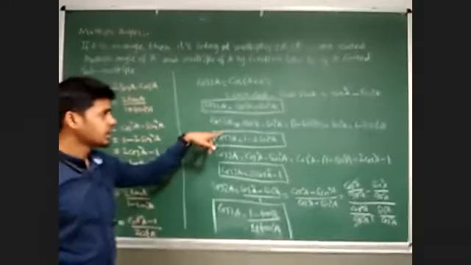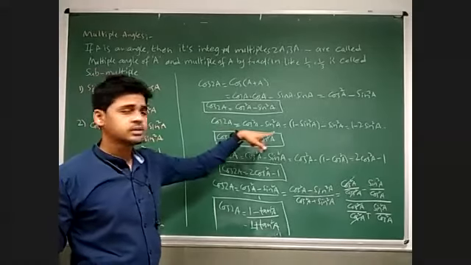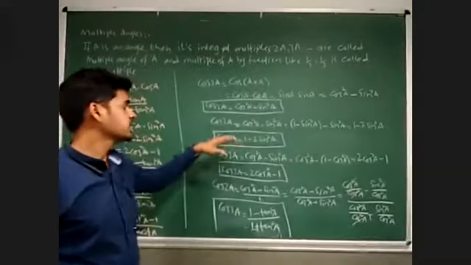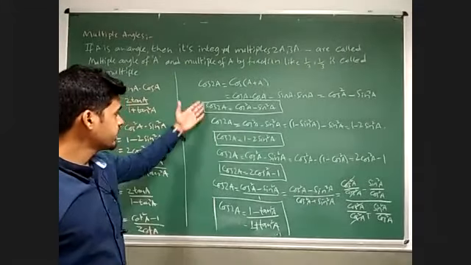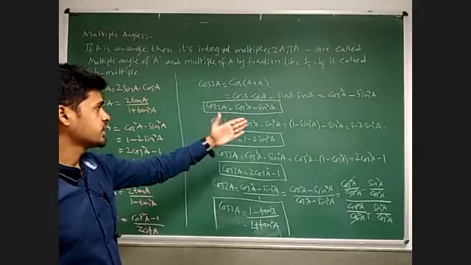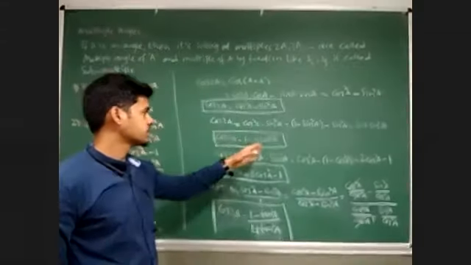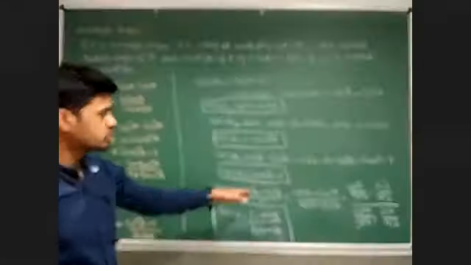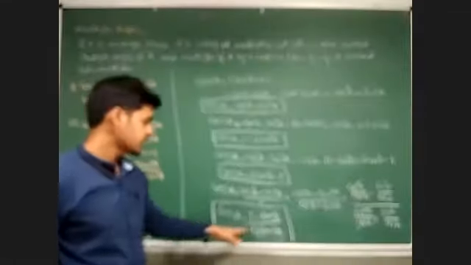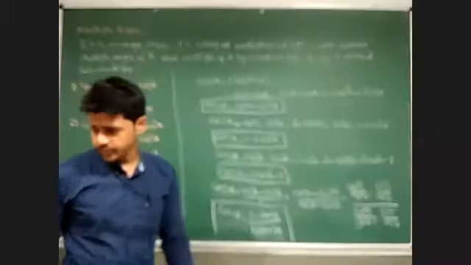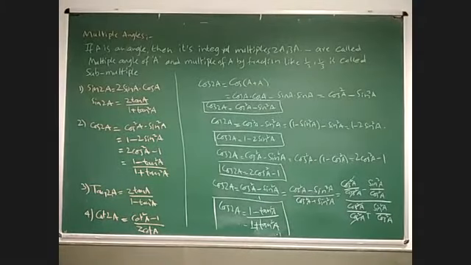Okay, here after using multiple angle we use trigonometric identities, and by using those, we are able to find cos 2A is equal to cos square A minus sin square A, cos 2A is equal to 1 minus 2 sin square A, cos 2A is equal to 2 cos square A minus 1, and cos 2A is equal to 1 minus tan square A by 1 plus tan square A. Okay, just go through once and then we will solve the next thing.